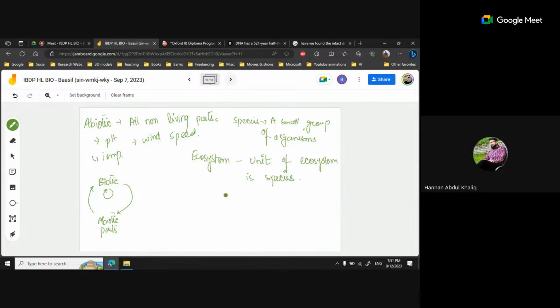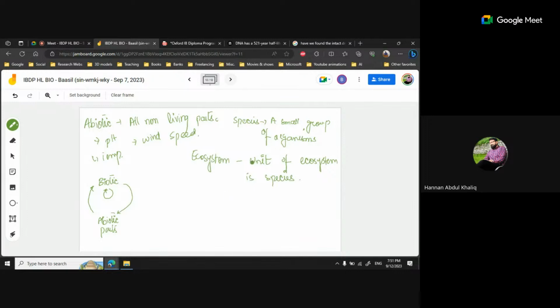It's like the unit of life is a cell. More the cells you have, working cells, better you would be working, better you would be surviving. Similarly, the number of species would define the quality of an ecosystem.